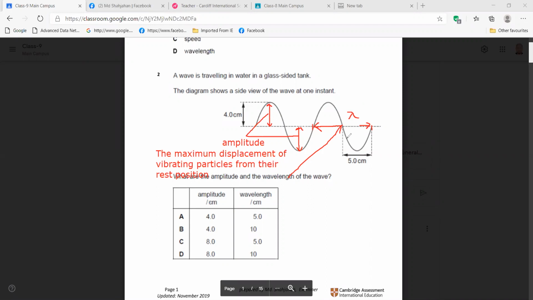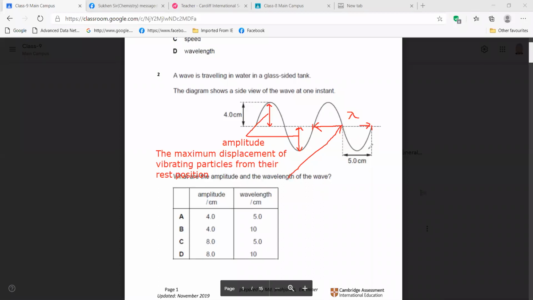For only the trough, the downward part, they gave you 5 centimeter. That means the crest also has 5 centimeter, right? For the complete wave, we are getting one crest and one trough.